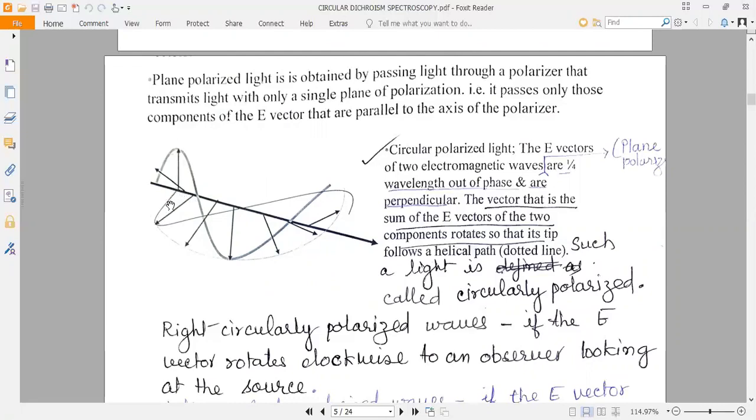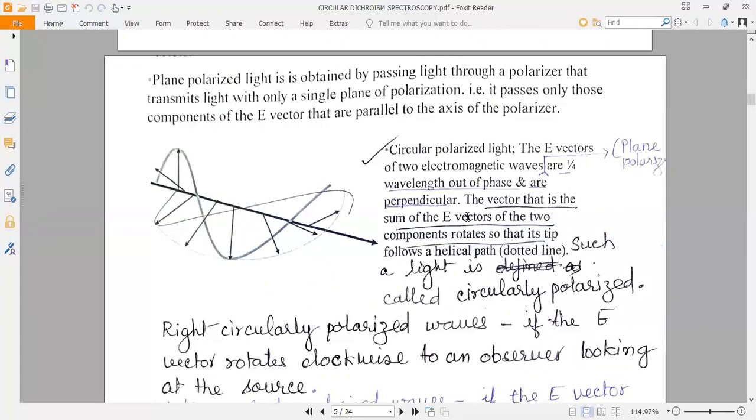Now, it will progress in the forward direction. This will also progress in the forward direction, and both the vectors will combine to give rise to an elliptical path. Let us see what is written here.